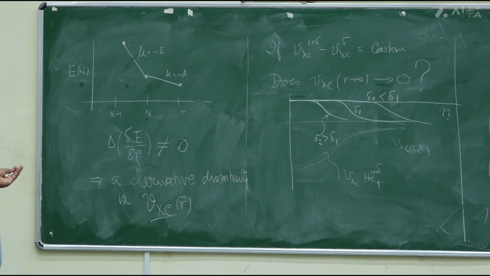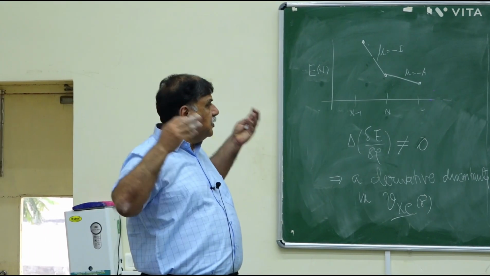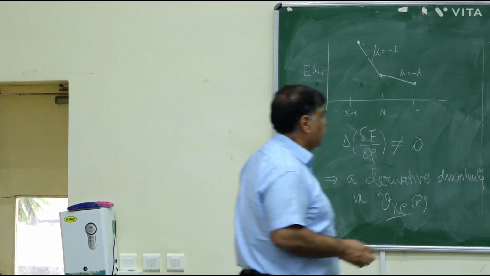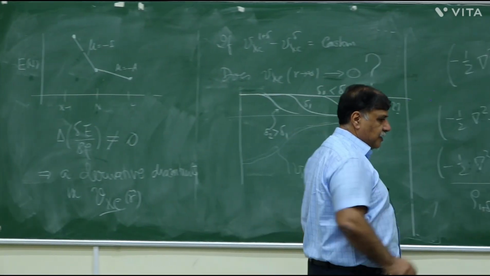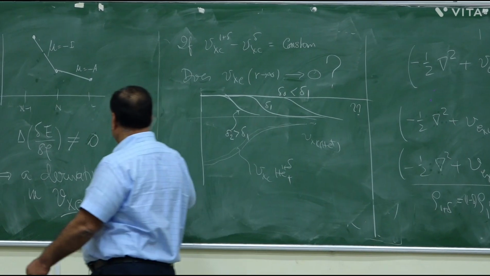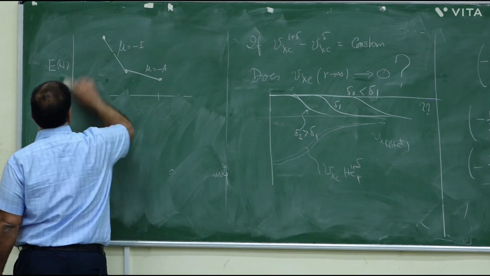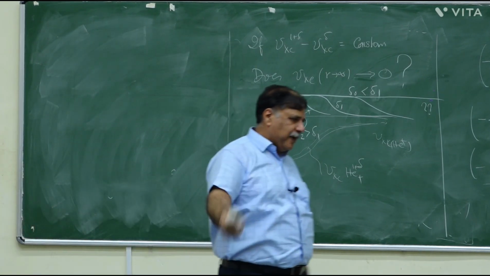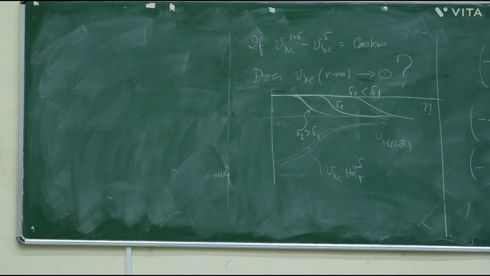Far away, nothing should really be happening. It's only in the interior that it changes by a constant. Let us understand that. I leave that there and talk about things up here. All these things are related. The band gap, this band gap, all these things are very, very related.